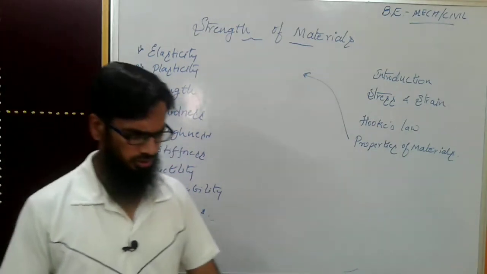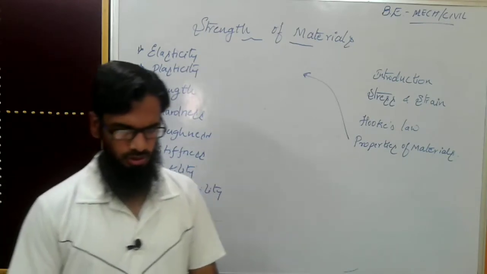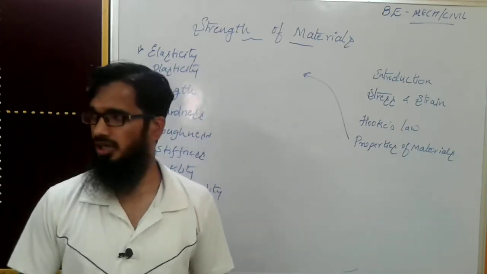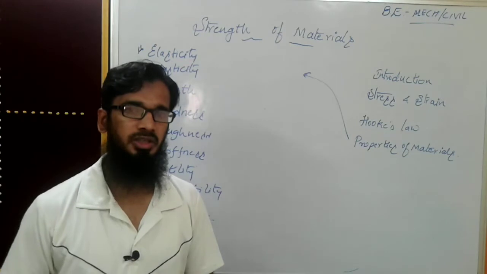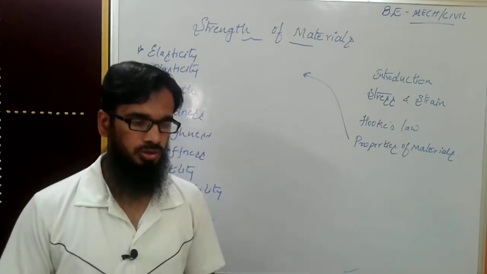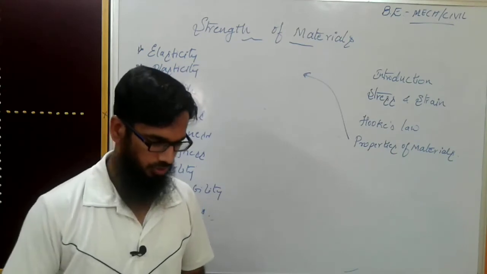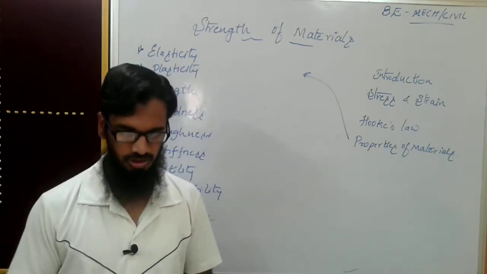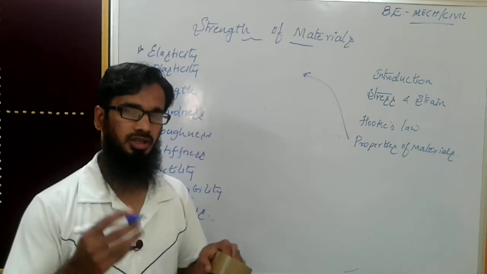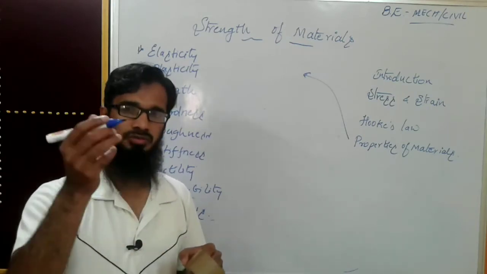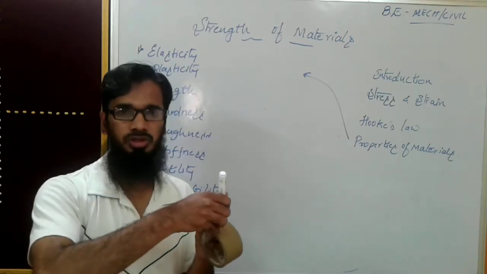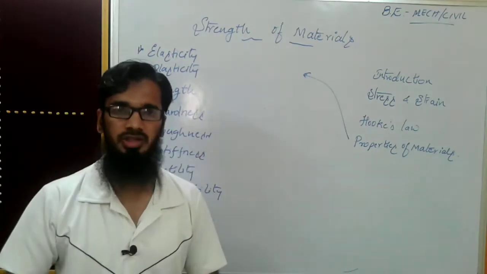Now hardness. Hardness is nothing but the resistance to indentation or penetration. For example, if I take any small material, and if there is a needle and you press on this material, it enters into the object.